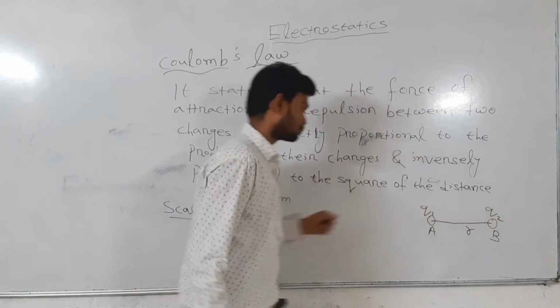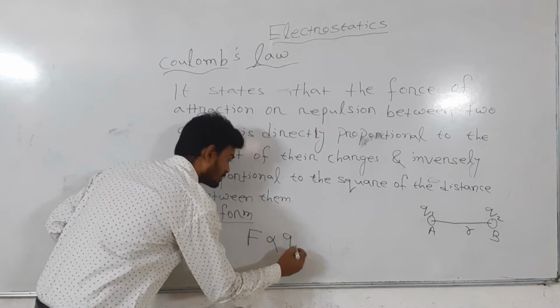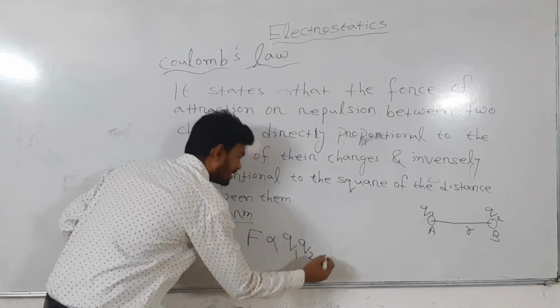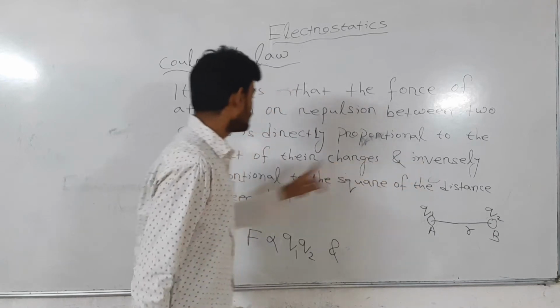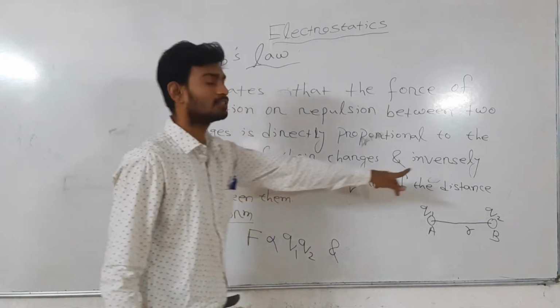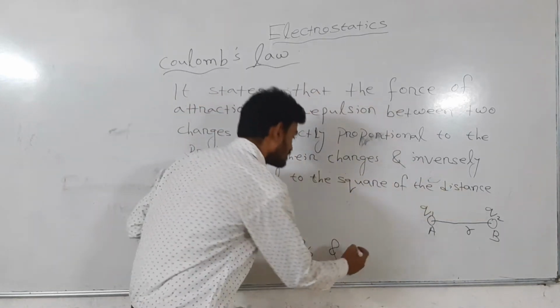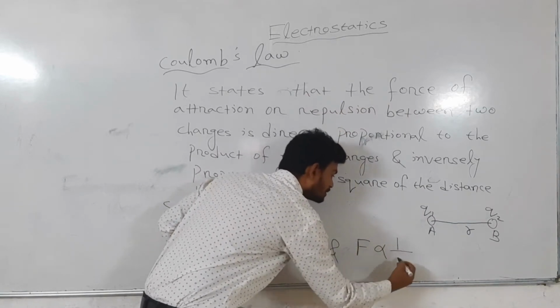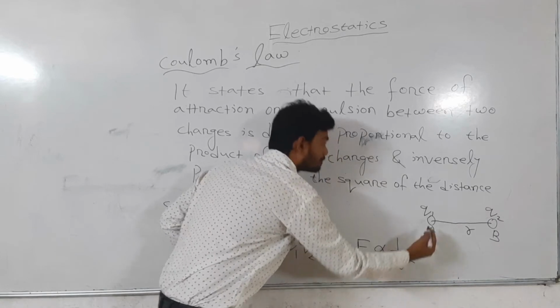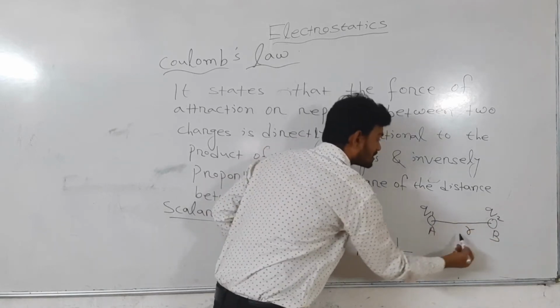Q1 and Q2. So the product of their charges is Q1 Q2. And it is inversely proportional to the square of the distance between them. What is the distance between these two charges? R.